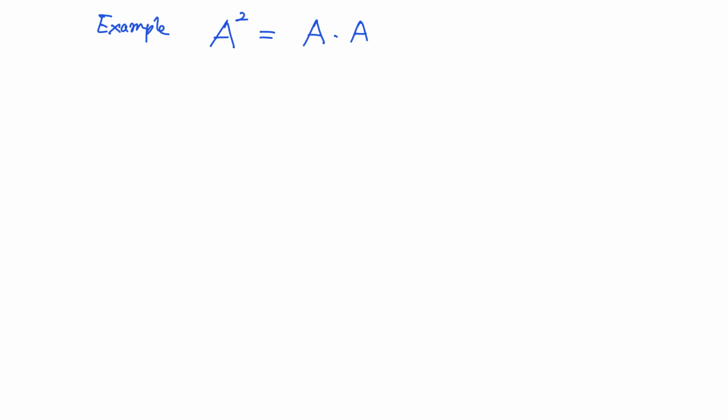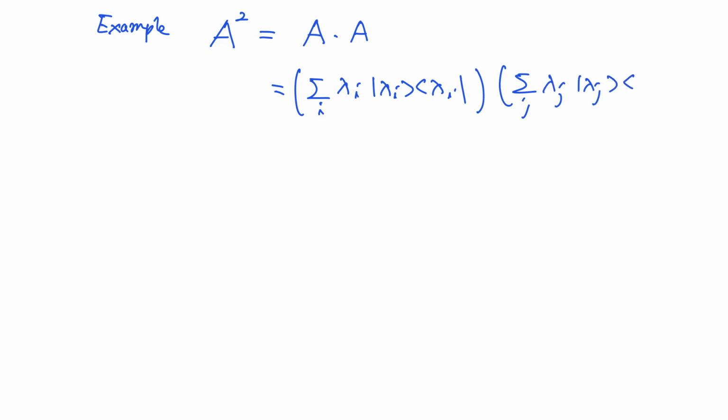So we can write it down as the following: sum over i of lambda i, lambda i, lambda i, times sum over j of lambda j, lambda j, lambda j, right? So that is from the spectral theorem.